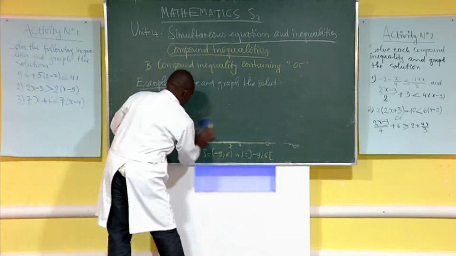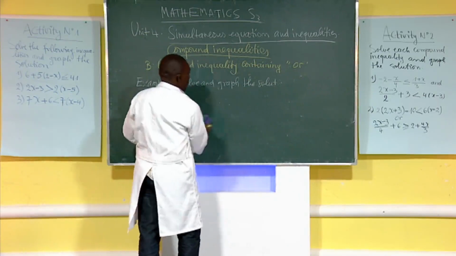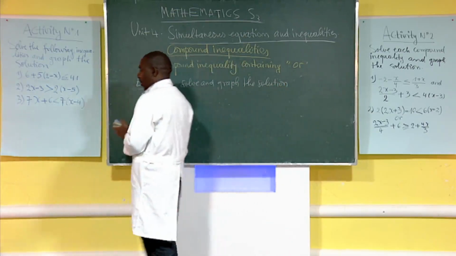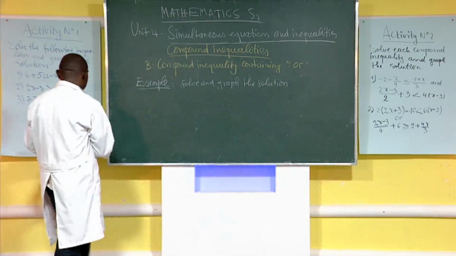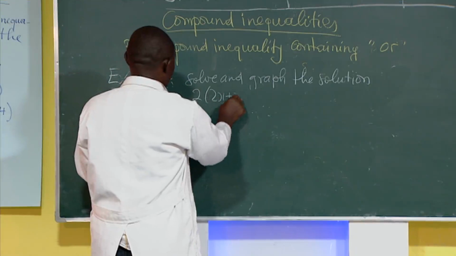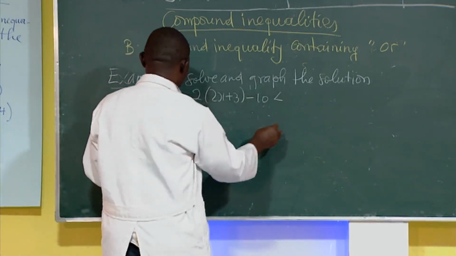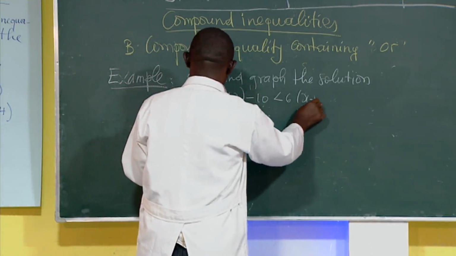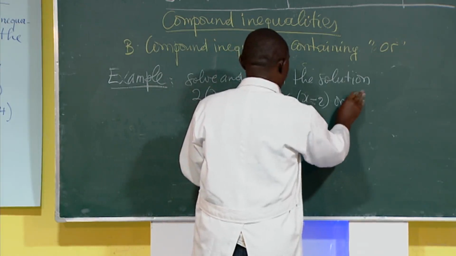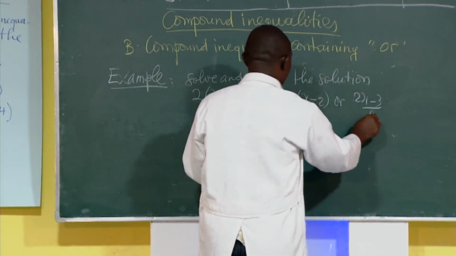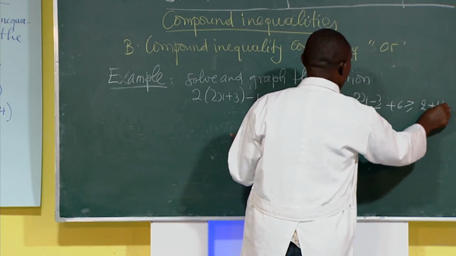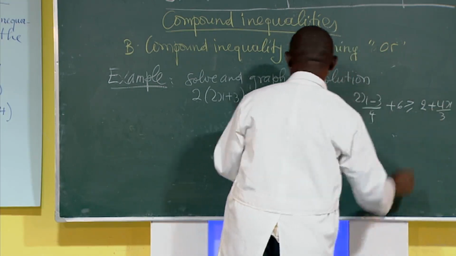Example, 2 times 2x plus 3 minus 10 is less than 6 times x minus 2, or (2x minus 3) divided by 4 plus 6 is greater than or equal to (2 plus 4x) divided by 3.